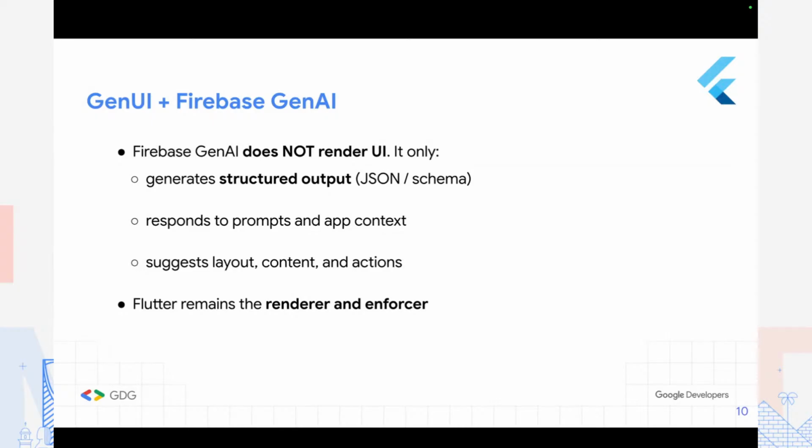Now, one thing that we need to understand and not mix up is that Firebase generative AI only generates data. It will not render the UI. So this data, like I said, is going to be a structured output with JSON or a schema, and Firebase generative AI is only going to respond to the prompt that we have passed, that is, give me a funny riddle.